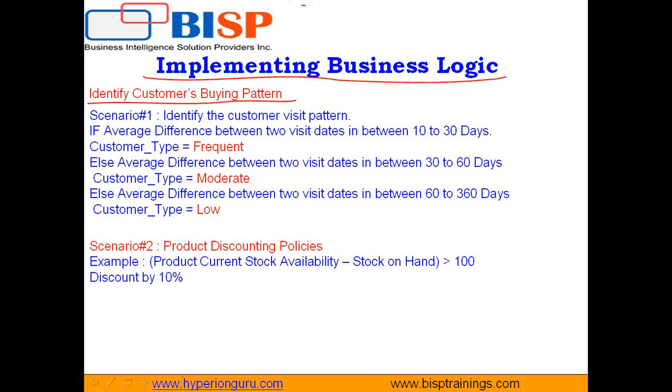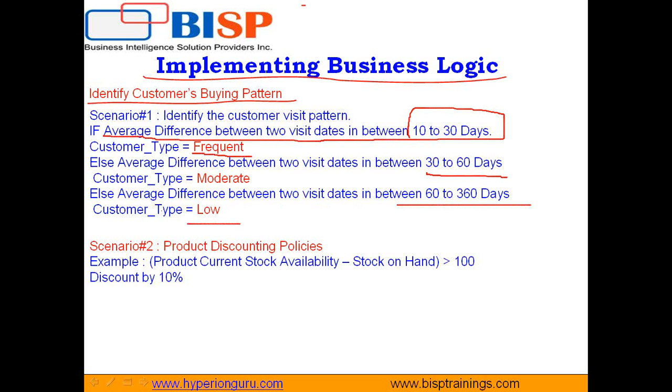Identify customer visit pattern. If the average difference between two visit dates is 10 to 30 days, if the customer visits between 10 days to 30 days, we call the customer a frequent visitor. If the customer visit date is between 30 to 60 days, we call it moderate. Otherwise, customer visit is low. So we categorize customers in 3 categories according to the visit date.